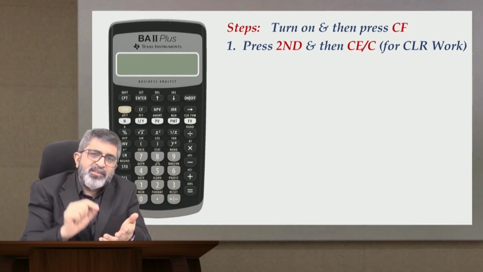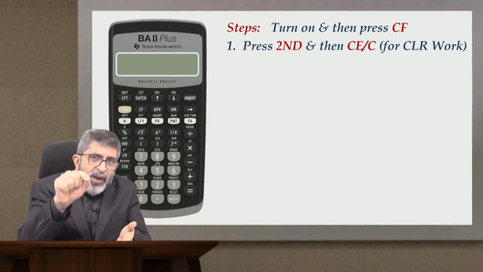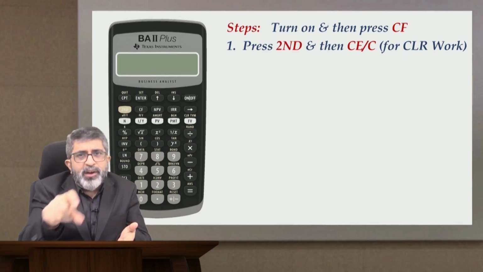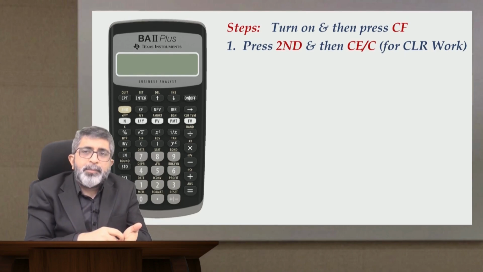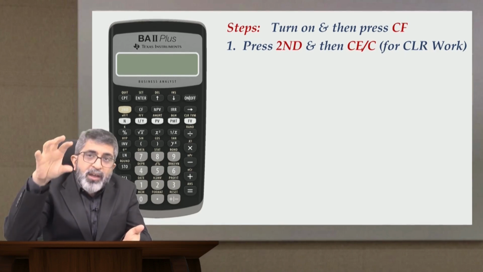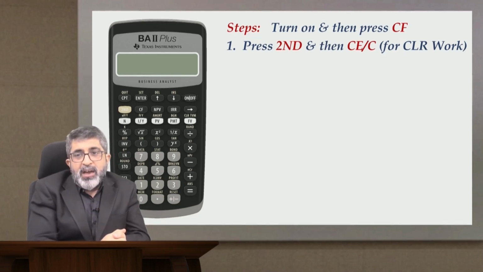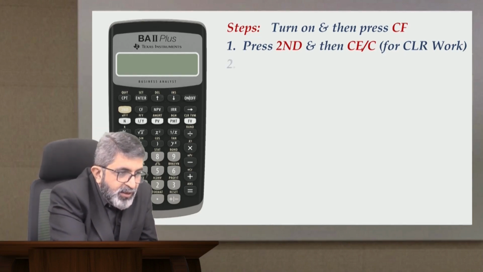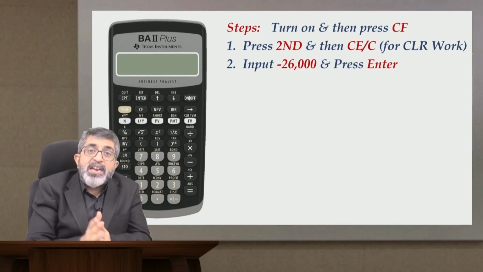So now what happens? If you right now observe on your calculator screen, after doing this step, it would be CF0 equals to, you have to put that value, and that value will be 26,000 negative.